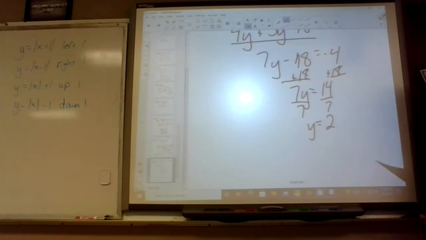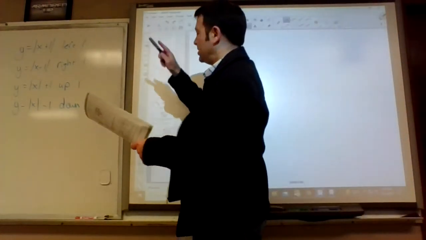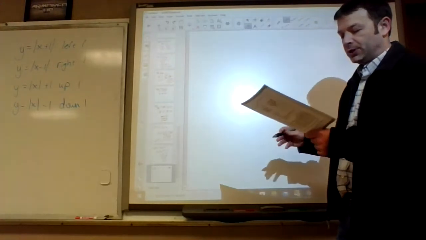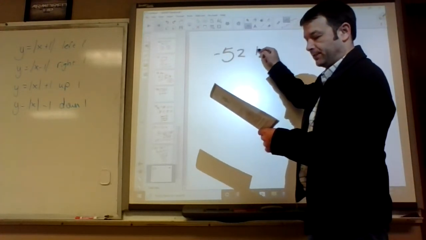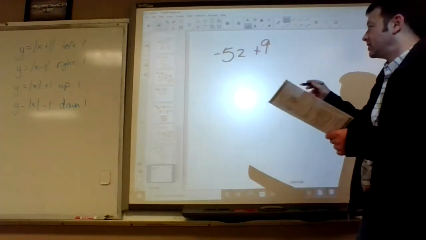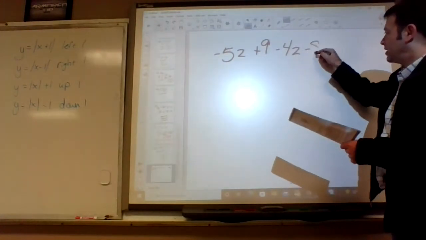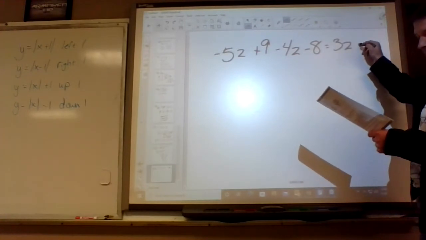Okay, 27 is kind of similar, but beefier, right? Should still start with the distributive property. When you do the 4 times the parentheses, you should think of it as a -4. So it should be -4z and -8 equals 3z minus 6.